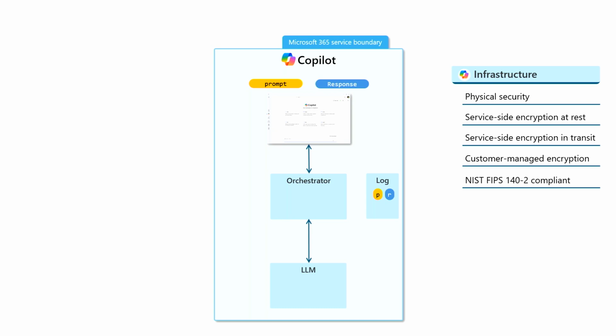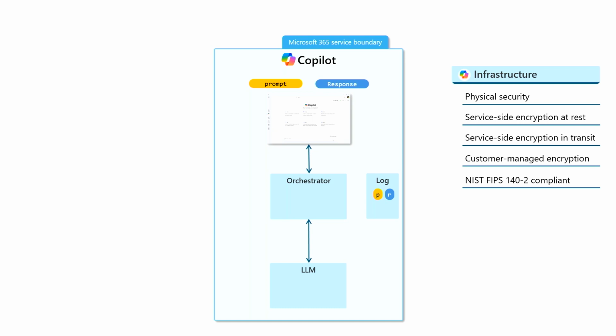Now, pause for a second just to consider everything that we've said. In this end-to-end process, within this boundary, we provide physical security, so that's actually checking who's in our data centers and that the data centers are hardened and secured. We provide virtual services, including server-side encryption at rest, server-side encryption in transit. If you're not happy with those and you want more, you can bring your own keys.